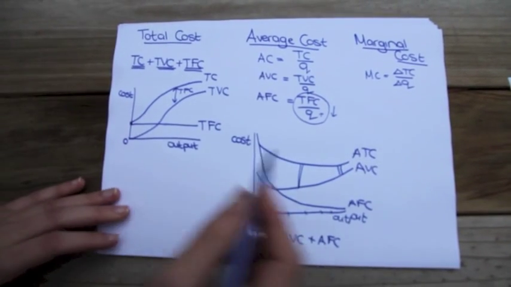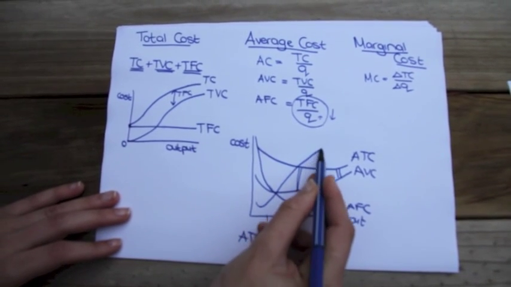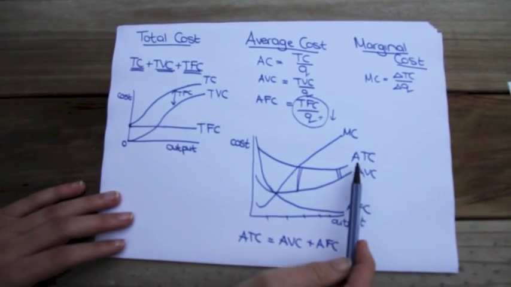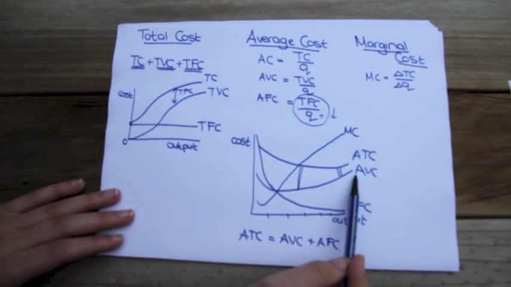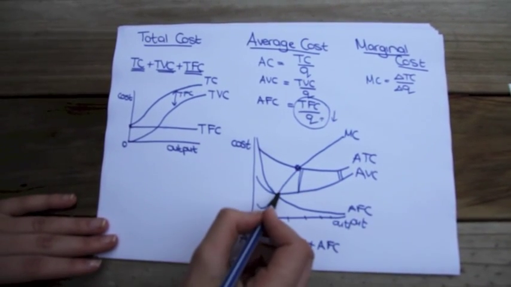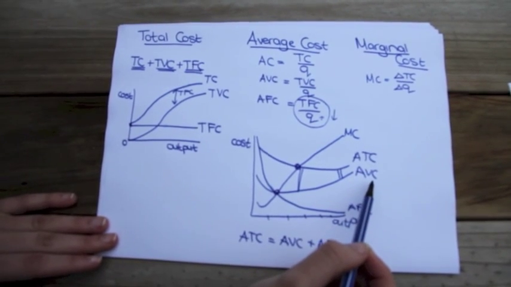That's an important thing to note. And lastly, marginal cost, as was described in the last video, intersects average total cost and average variable cost at their minimum points. So over here and over here is the minimum of average total cost and average variable cost.